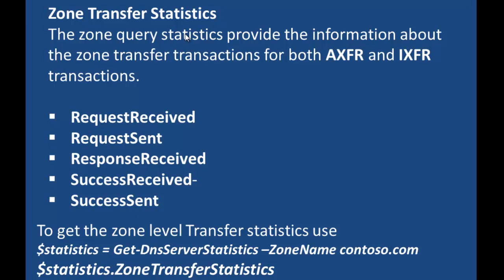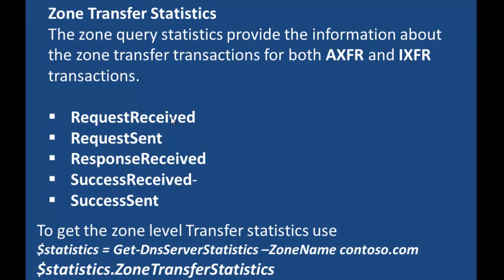Let's look at another type of option that we could look at. And these are transfer statistics within the zone. Now, you can have information for the transfer statistics. You'll be looking at the requests received, the requests sent, the response received, the success received, and the success sent.